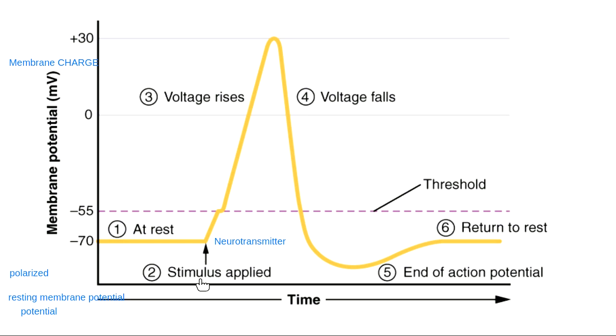So this part here that says that there was a stimulus applied, that's just a fancy word for saying one neuron spit out some neurotransmitters that this neuron we're looking at here received. Those neurotransmitters are a type of chemical, like I said. When those chemicals are released, yeah, Gloria beat me to the punch, right?